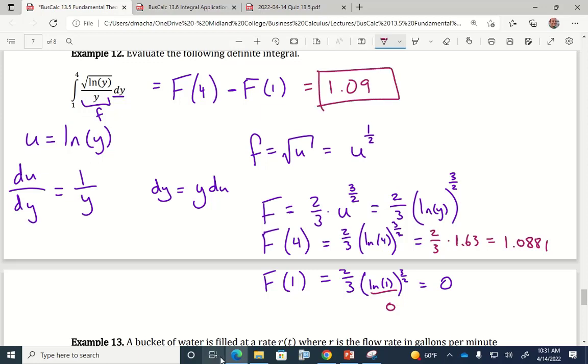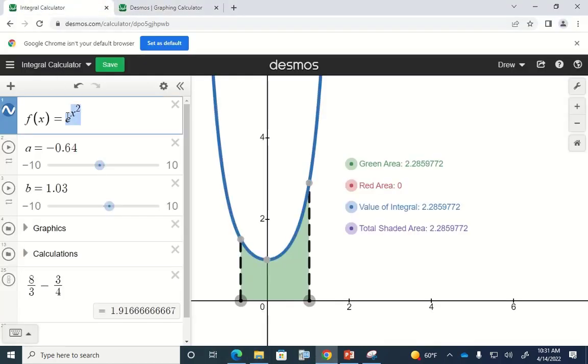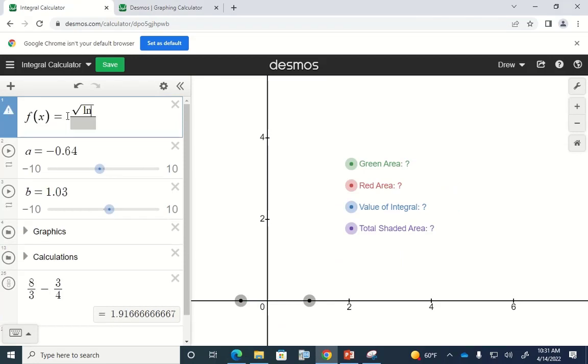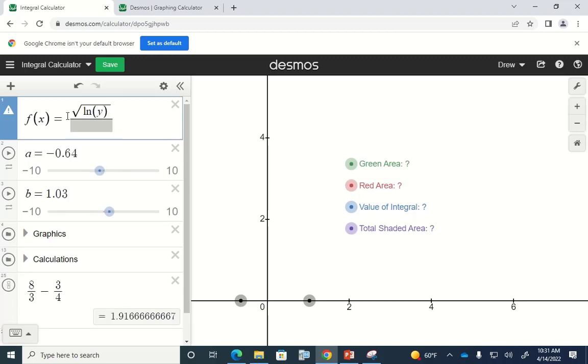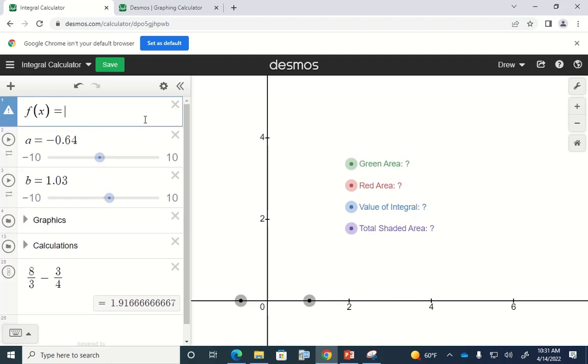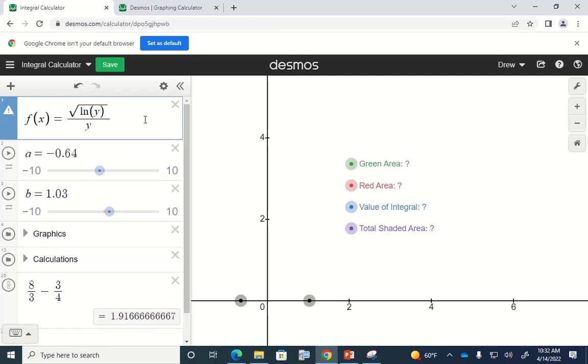We've got square root natural log y over y. I don't know why it doesn't like that. Try that again. Square root natural log y divided by y.